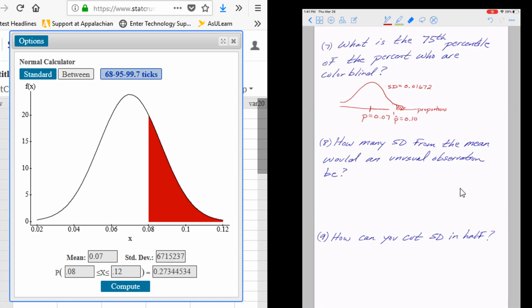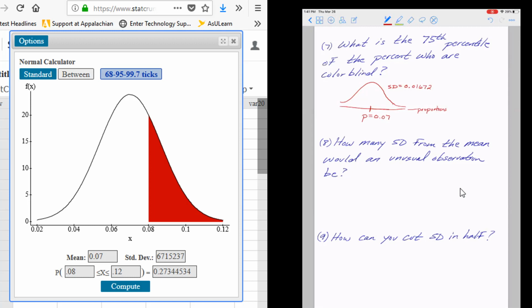Of course, this time we are not actually looking for the probability or the percent under the curve given a p hat. We're actually working in an opposite direction, right? So with this right here, we are being told that we care about having 75% under this curve.